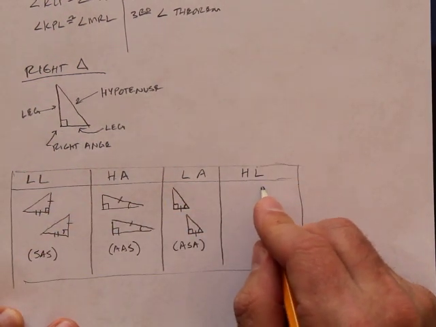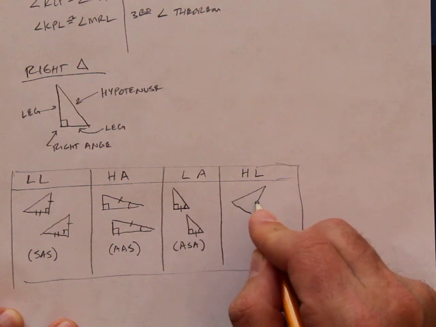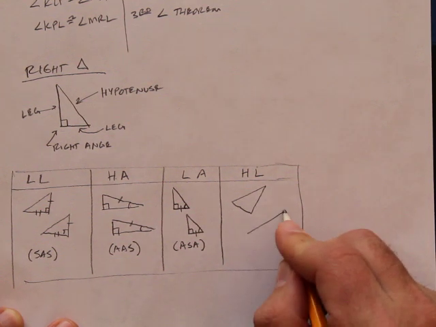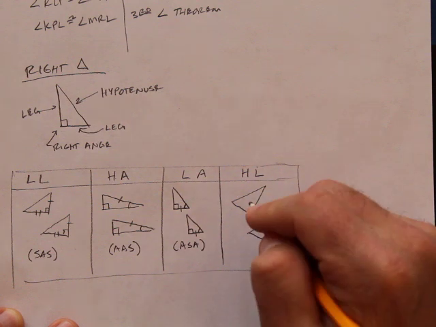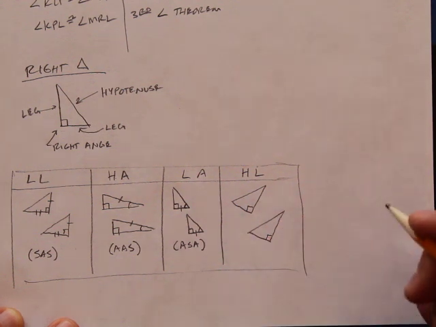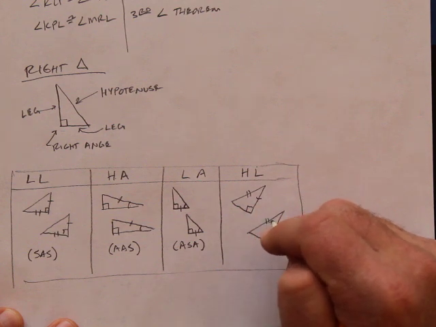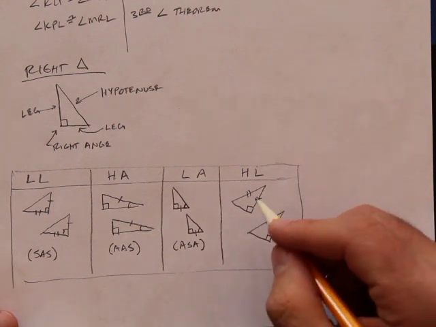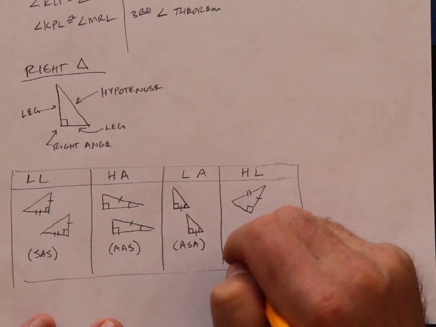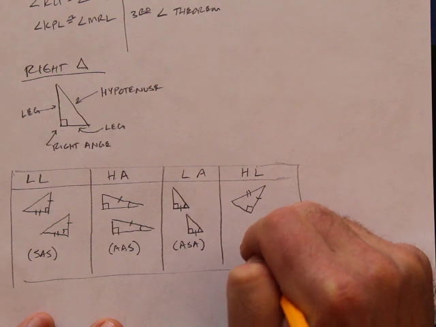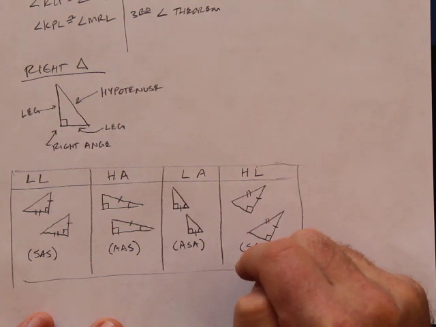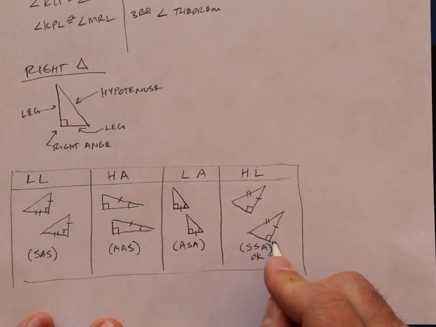And so we're going to draw two right triangles. Right triangle, right triangle. And this one, if I have the hypotenuse and the leg, because these are right triangles, I can say side, side, angle. This is okay only because it's a right triangle.